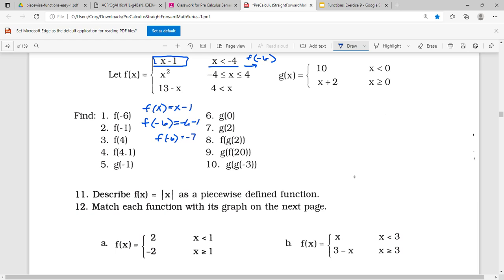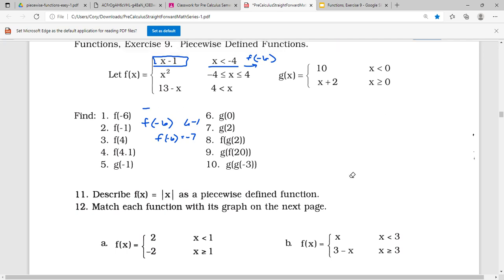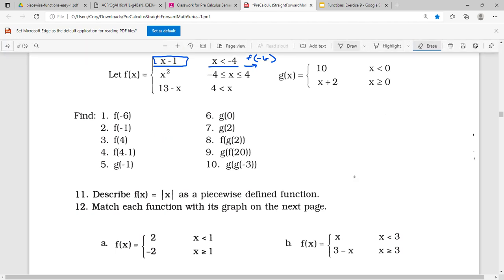So this one is negative 7. I did these a little bit differently for the homework. You don't have to write this out on paper. All you have to do is type your answers into a Google Doc. I have the whole thing set up for you on Google Doc. Let's try one of these g's. Let's try this one, g of 2.